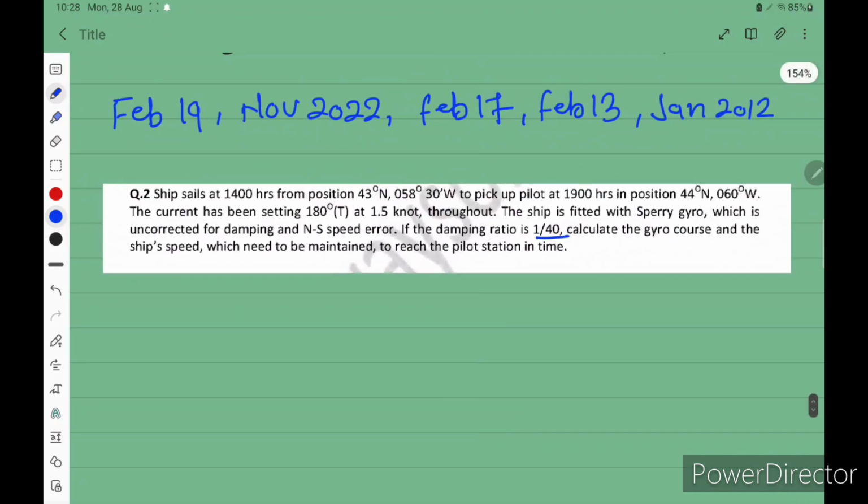So first of all we have to make the diagram. Let's consider this is our position A, and the second position is like this.